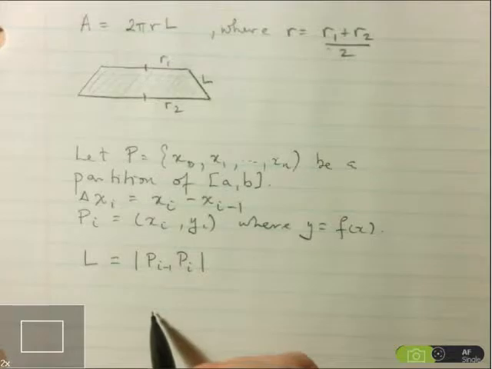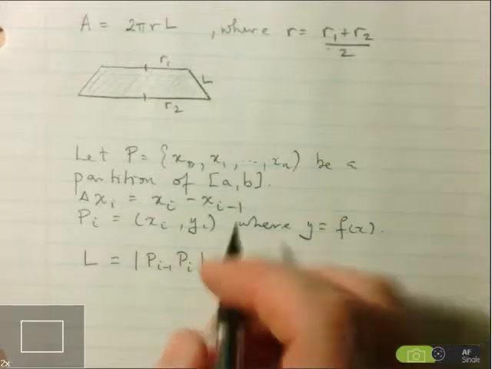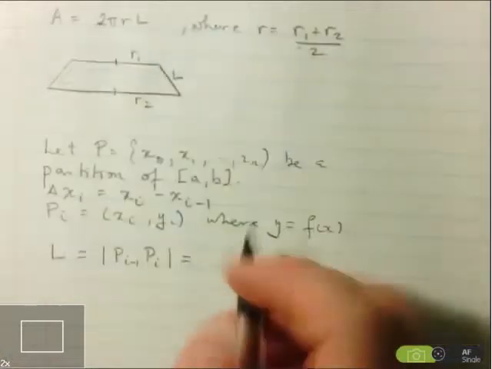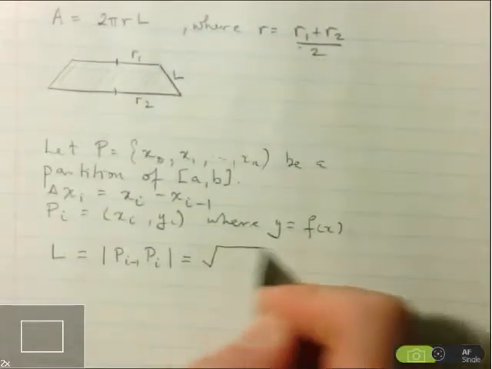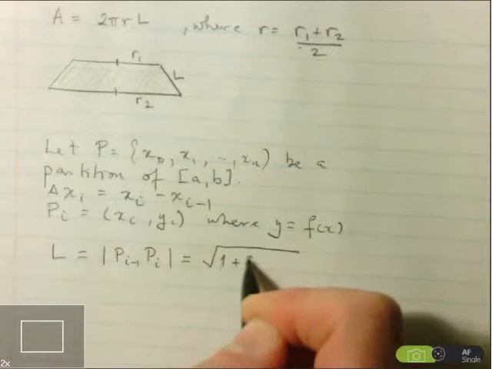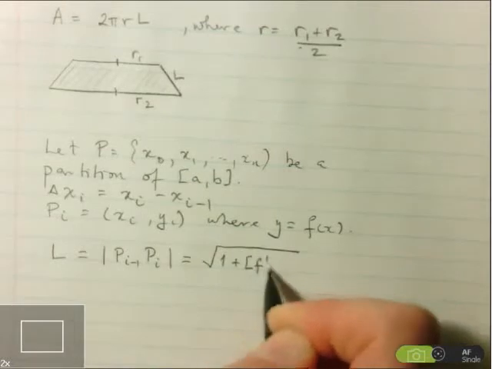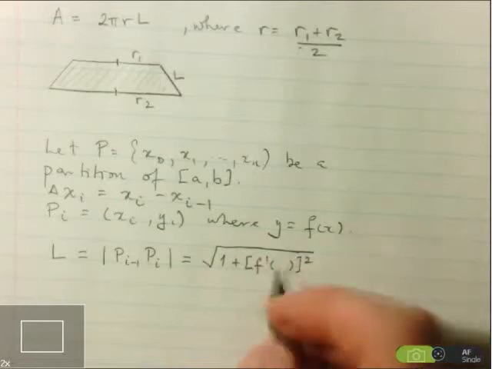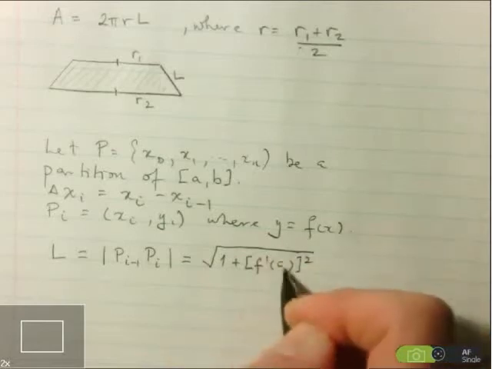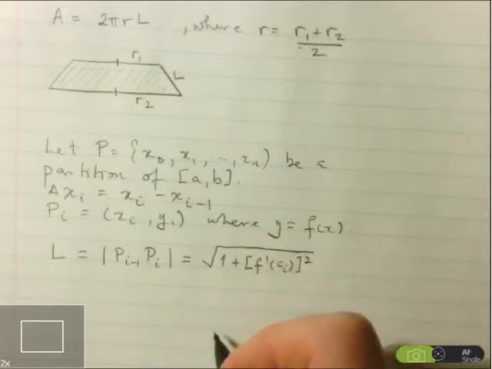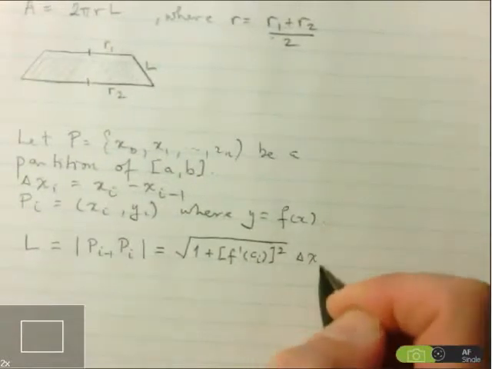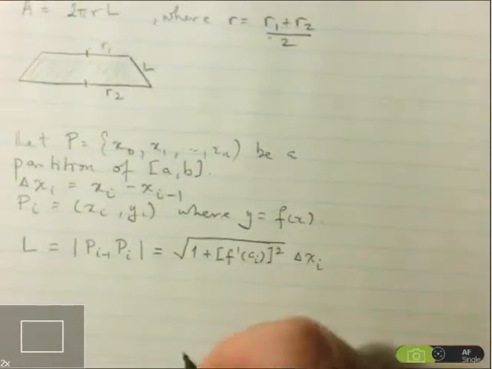If you think back to our work with the length of a curve, we were able to come up with this nice expression: the square root of 1 plus the square of the derivative of our function, evaluated at some ci in the interval, and this was all times the length of our subinterval, delta xi.